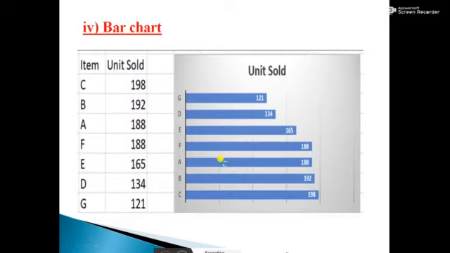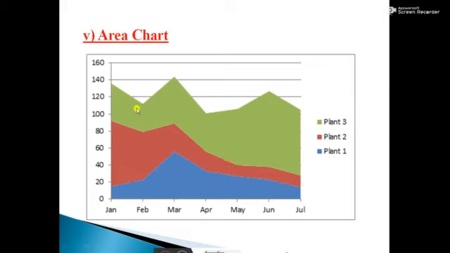But in an area chart, the space between the axis and the plotted value is colored and it will not be blank. Is it clear, student? Okay. So when can we use this area chart? If we want to highlight the size of an item, we can use area chart.